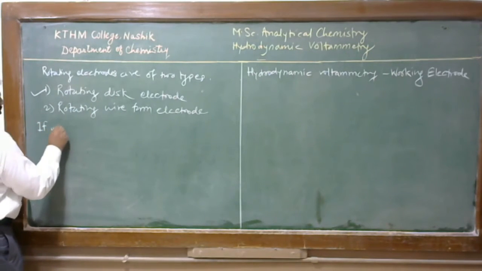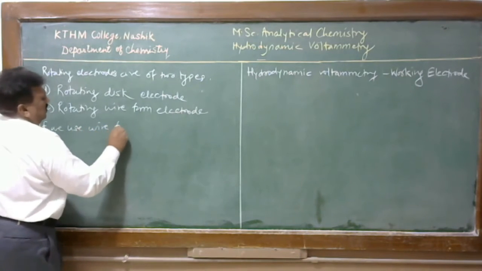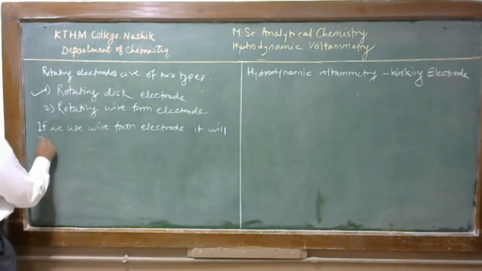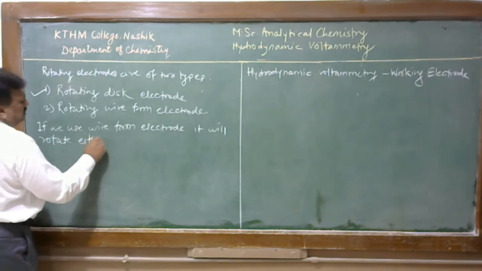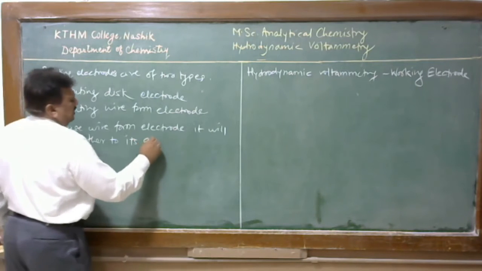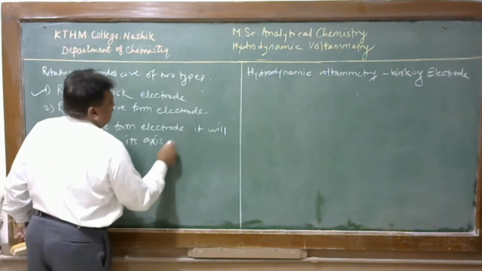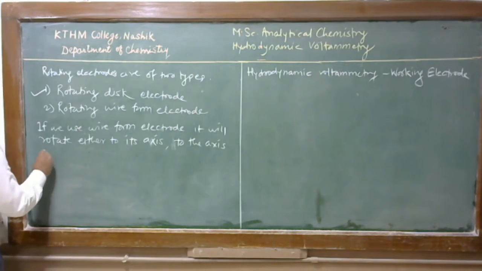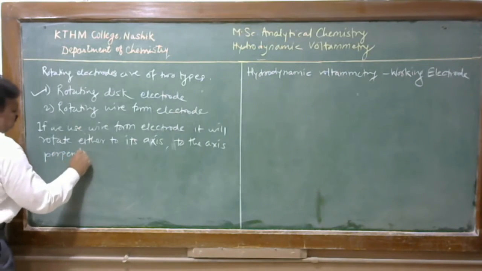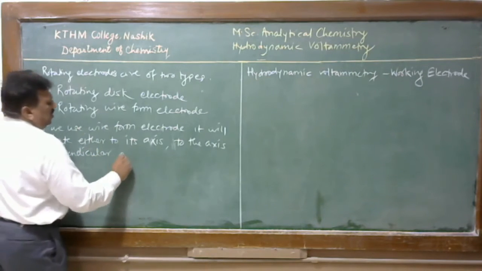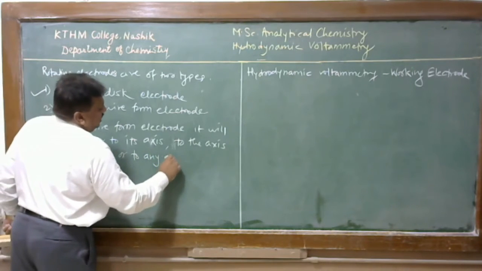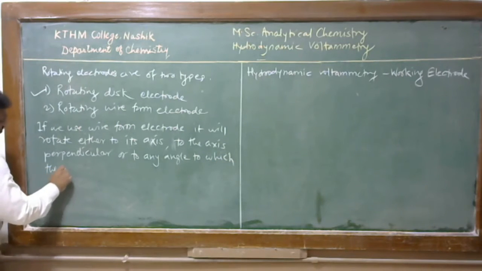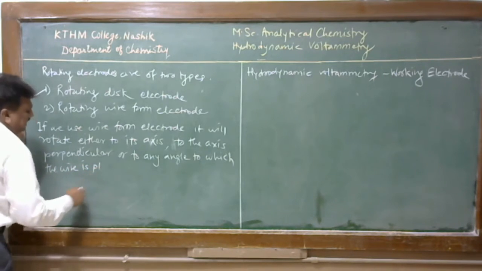If we use a wire form electrode, it will rotate either on its own axis, or on the axis perpendicular to its rotation, or at any angle to which the wire is placed or sealed.